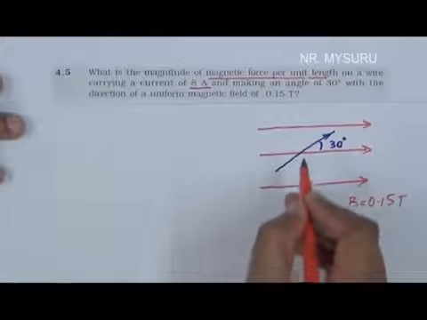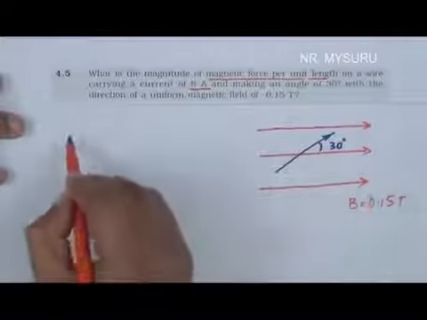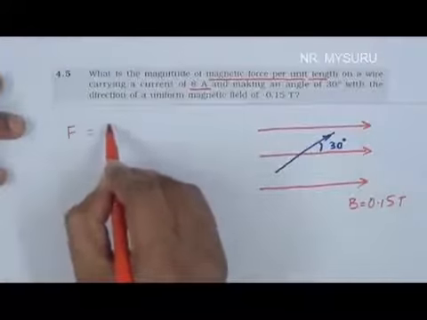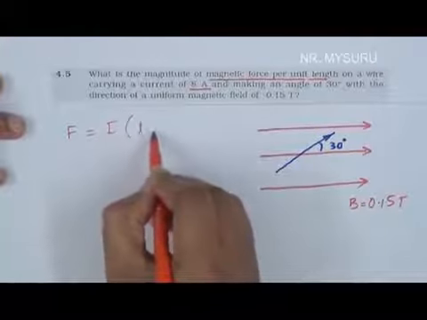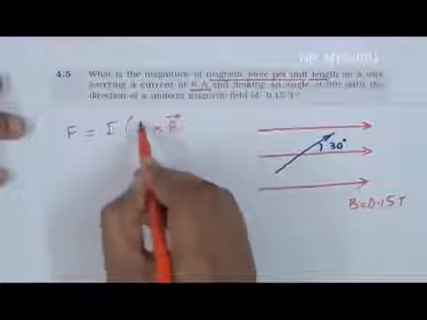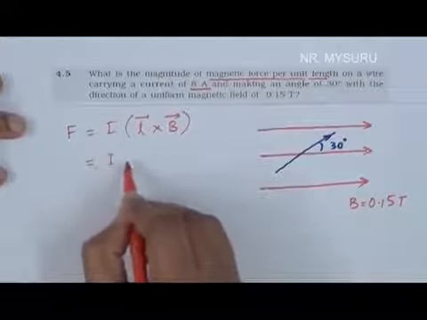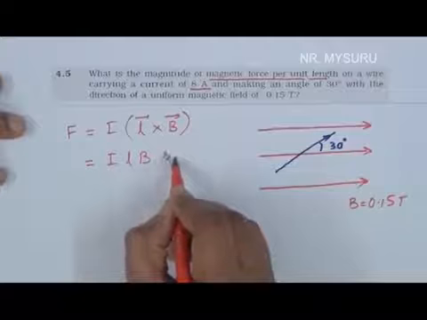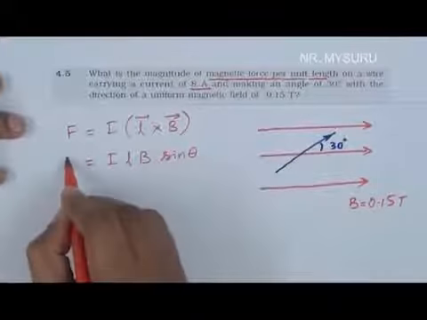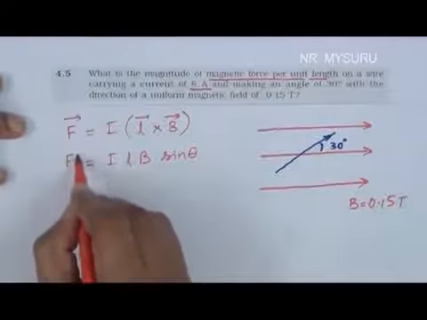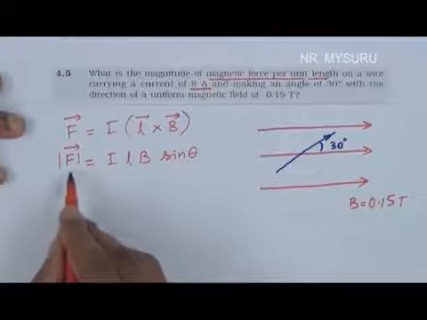So force on this straight conductor carrying current in magnetic field is F equal to I into L cross B equal to I L B sin theta. This is the magnitude of force.